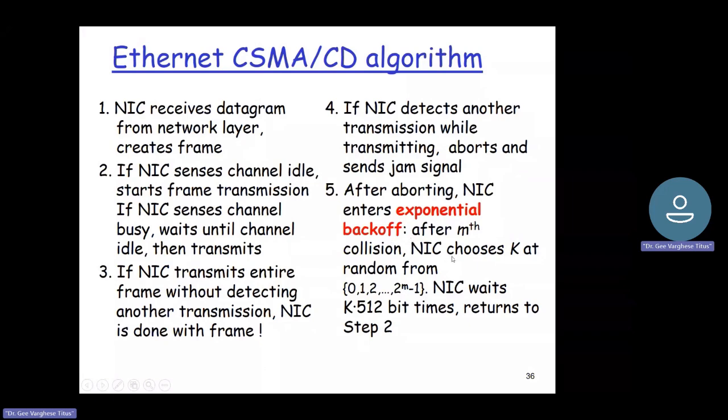Now, you have this particular factor: how much time do you want to wait? It will be K into the time that you have. K into 512 is the value that you're going to take here. It can be other time values also.